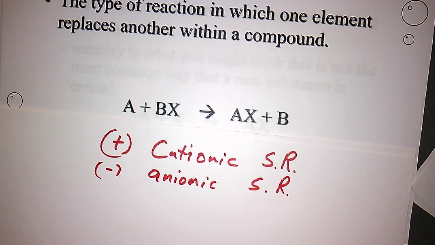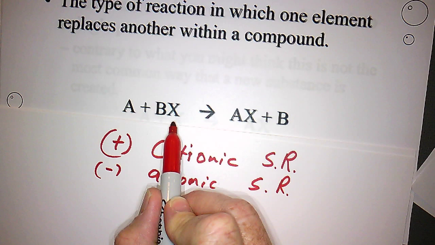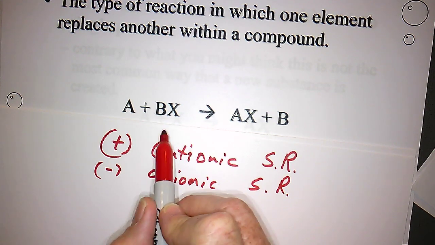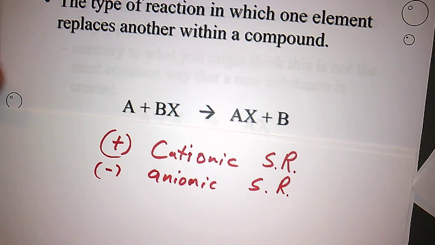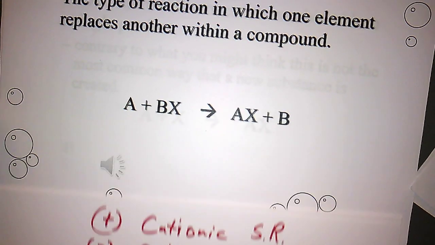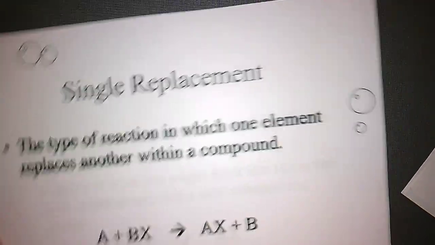That's important to be able to make that distinction. So if fluorine replaces chlorine, it'd be anionic. If strontium replaced potassium, that'd be cationic, okay? So that's important to remember.